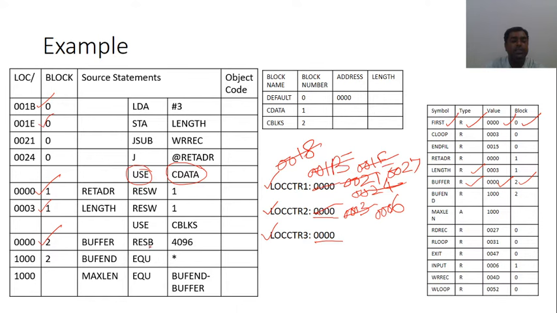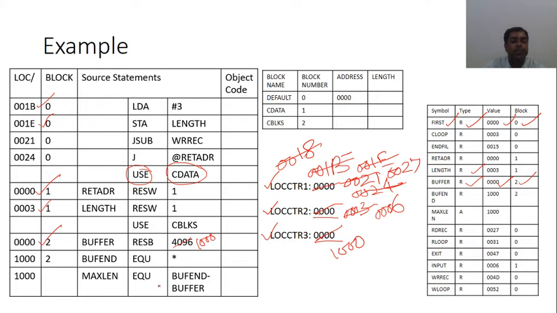You can see here it is written as RESB 4096. If I write 4096 in hexadecimal it is 1000. If I add 0000 plus 1000, we will get the next address of the instruction. That will be 1000. So now our location counter 3 becomes 1000.